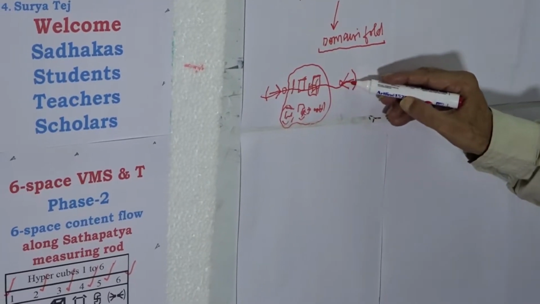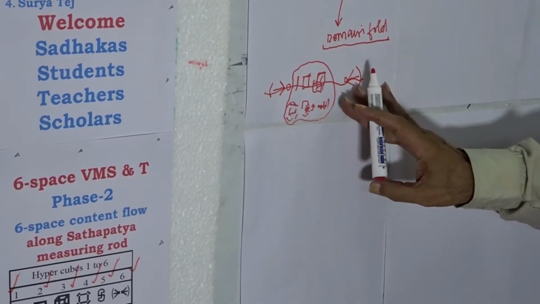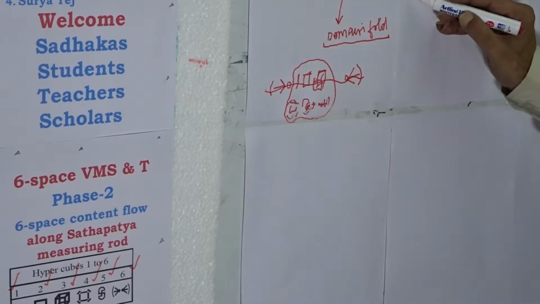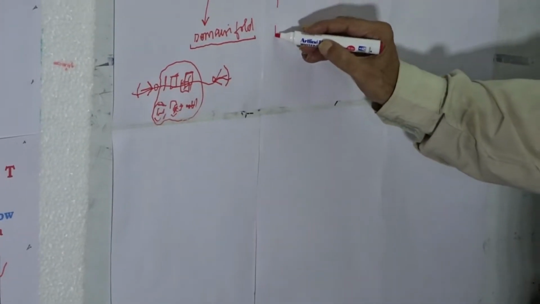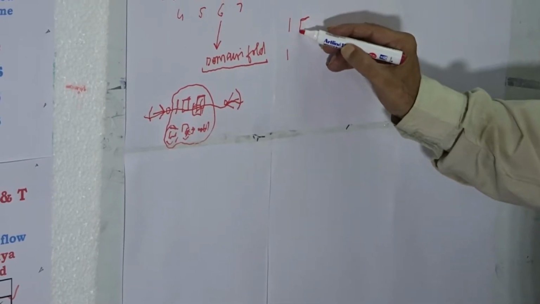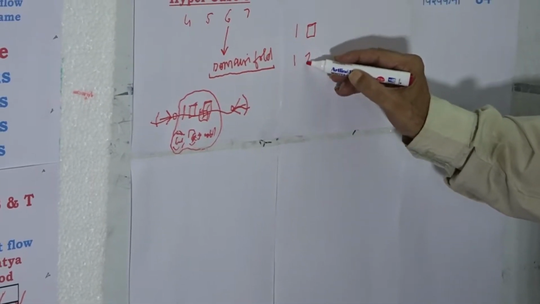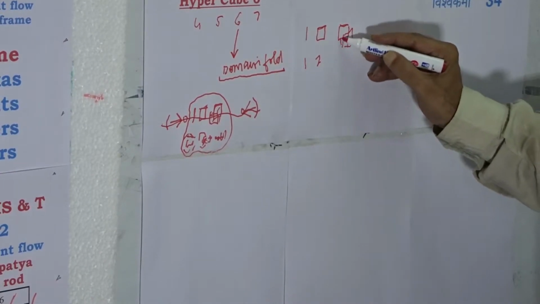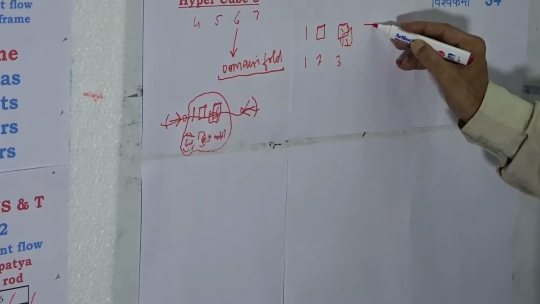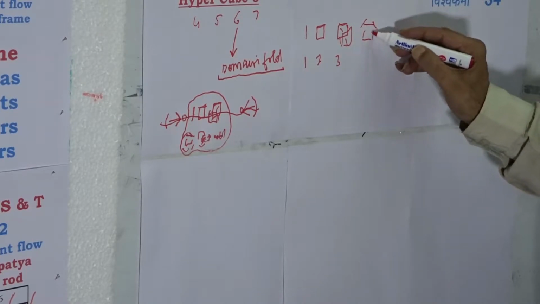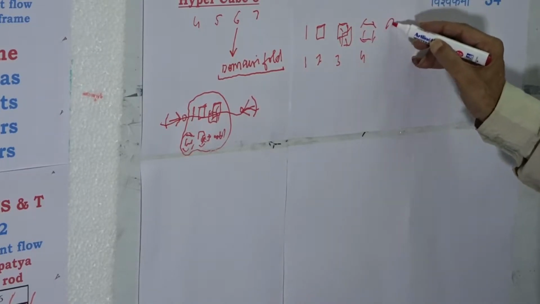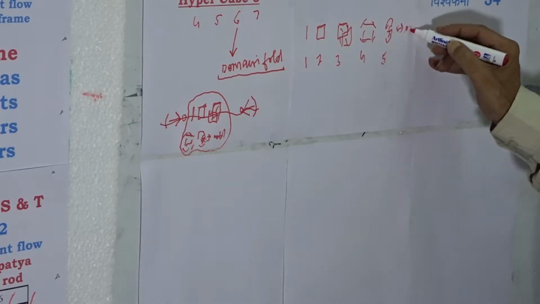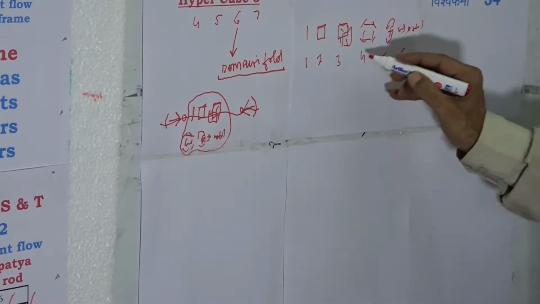It is this feature that makes a setup of interval, value 1, square, value 2, cube, value 3, Hypercube 4, value 4, Hypercube 5, value 5, Hypercube 6, value 6.